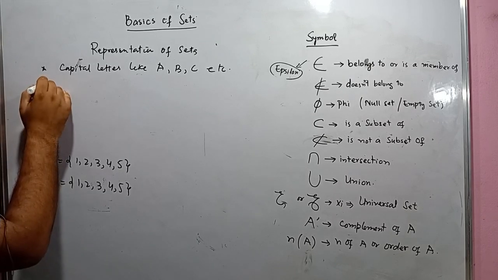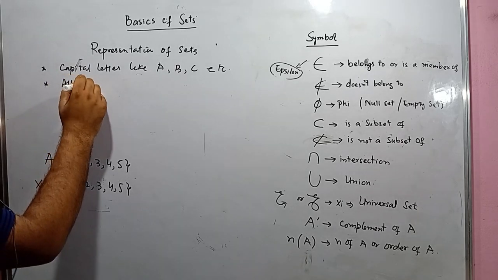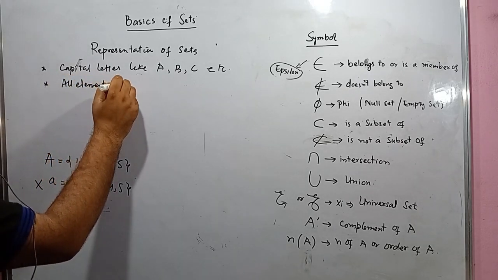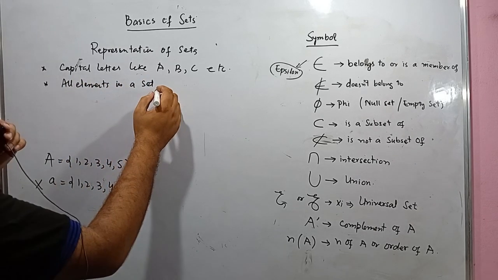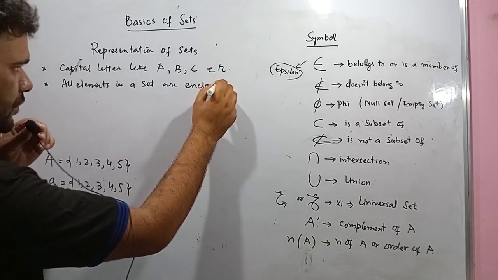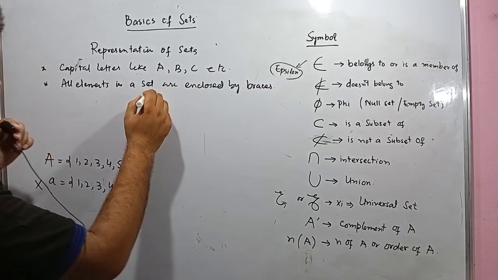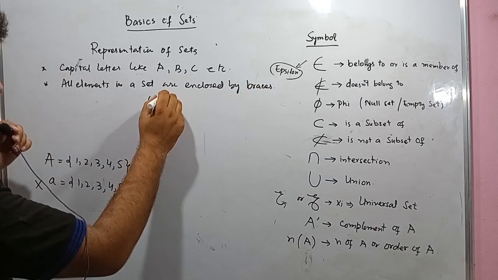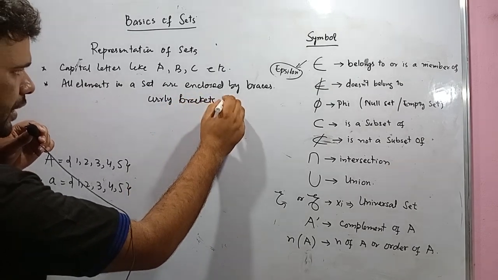And the next point is that all elements, or all members, in a set are enclosed by braces, that is, curly brackets, like this.